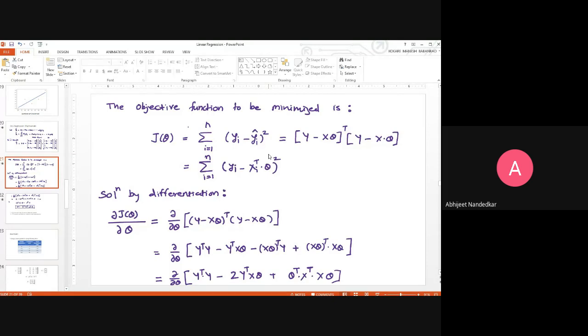Everything is now positive. Then I add all the differences for all the samples. So this J theta considers the squared error for all the samples. Now I have to minimize it, so I differentiate J theta with respect to theta and equate it to 0. That is what we have done.